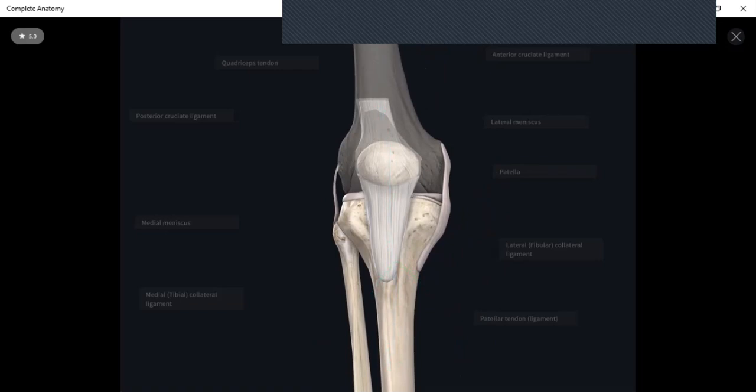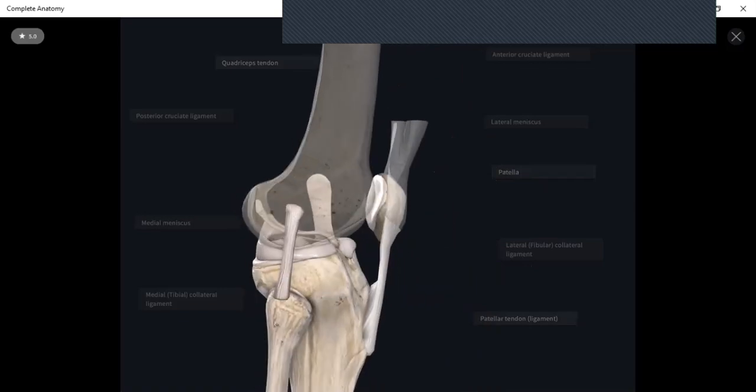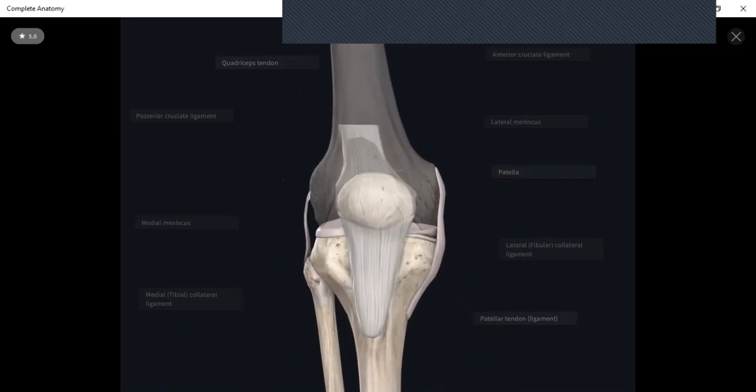Externally, the joint capsule is strengthened and supported by three major ligaments: the patellar tendon, the medial collateral ligament, and the lateral collateral ligament. On a side note, the synovial patellofemoral joint is considered part of the knee, but we're focusing more on the basics here.